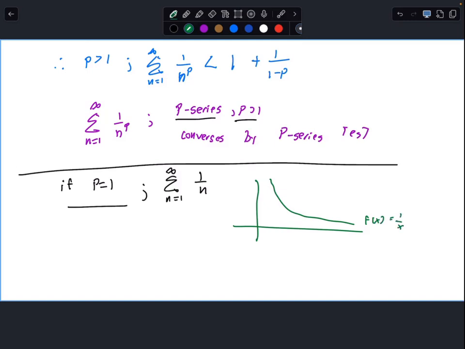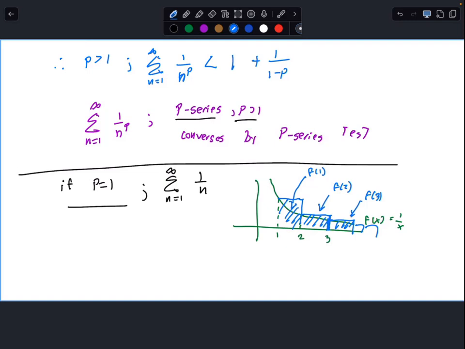And similarly, if we go from 1 to 2 to 3, we can use a left Riemann sum in this scenario, where this area here is f of 1, this area here is f of 2, this area here is f of 3. And of course, we would continue that process over and over and over.